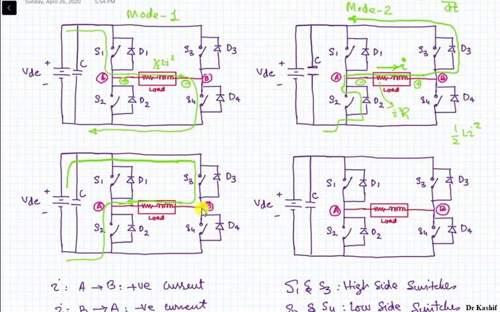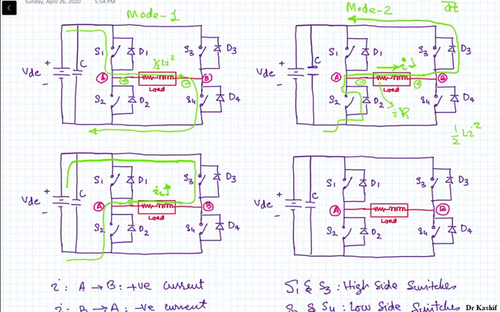So now the current is building up in the opposite direction. So that is the negative current. As I told you at the start, the current from B towards A will be considered as the negative current. So the current is now negative and is building up. So I am indicating it with this. Over here the current was decreasing, right?